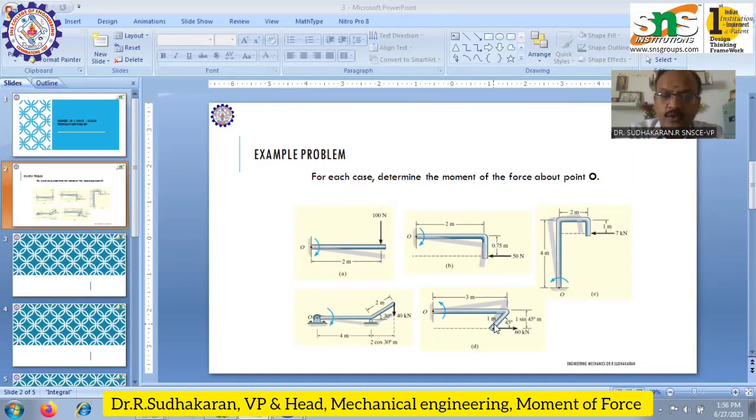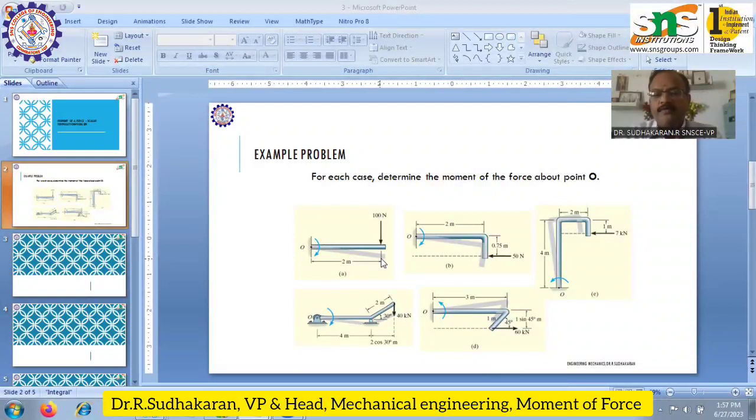So, the magnitude of the force is 100 Newton into the perpendicular distance, which is 2 meters. That is from point O, where the application of force is there, the distance is 2 meters. So, 100 into 2 is 200 Newton.